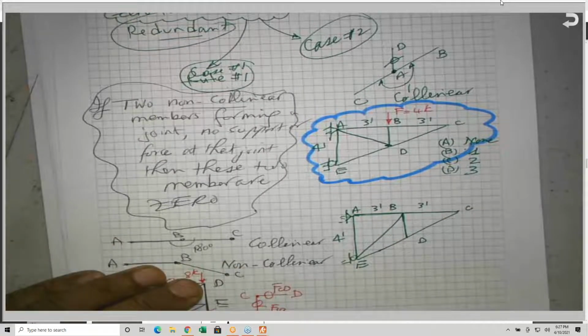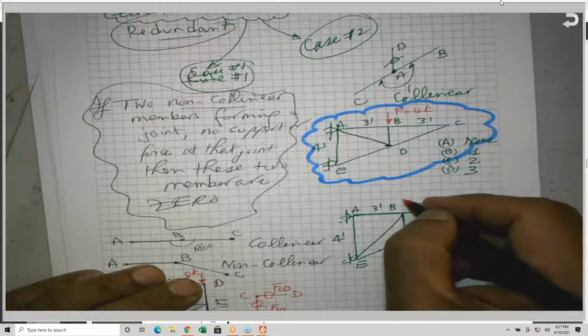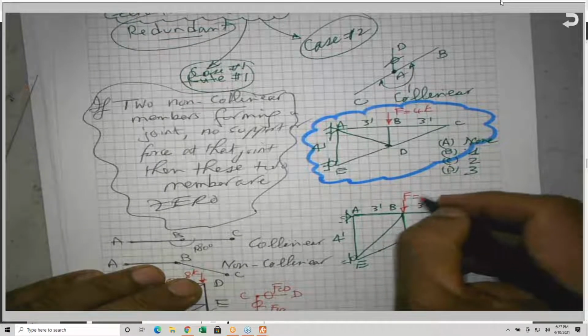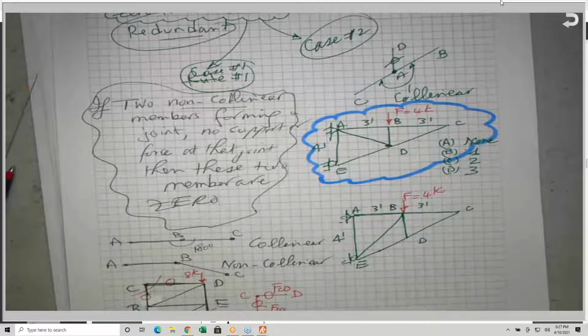And I will add one load here, F equal to 4 kips. I will give you another 2 minutes.